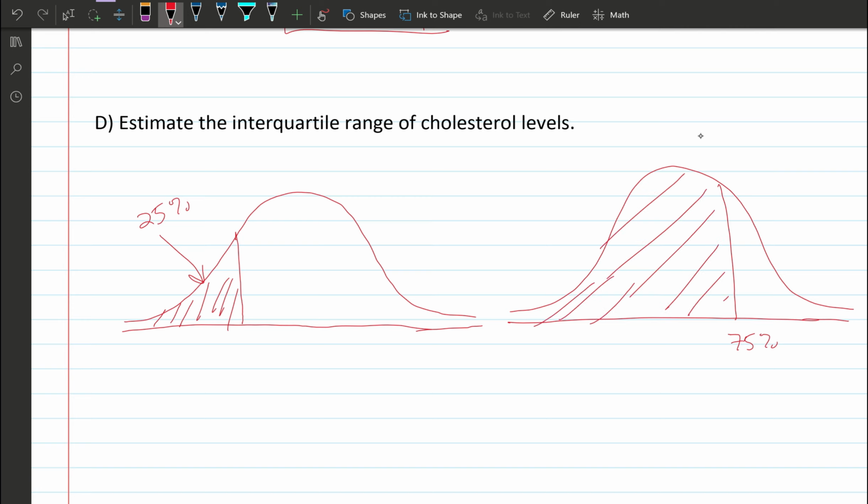So basically, if we take the difference between these two shaded regions, we'll get what's in between, which will be the difference between the lower and upper quartiles.